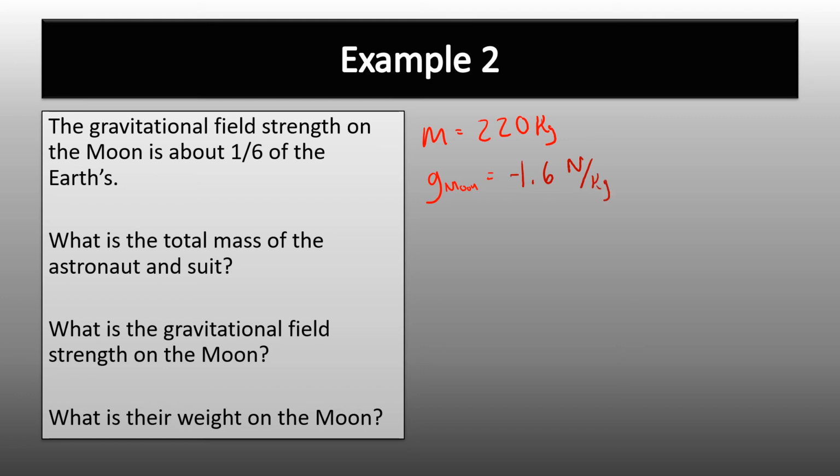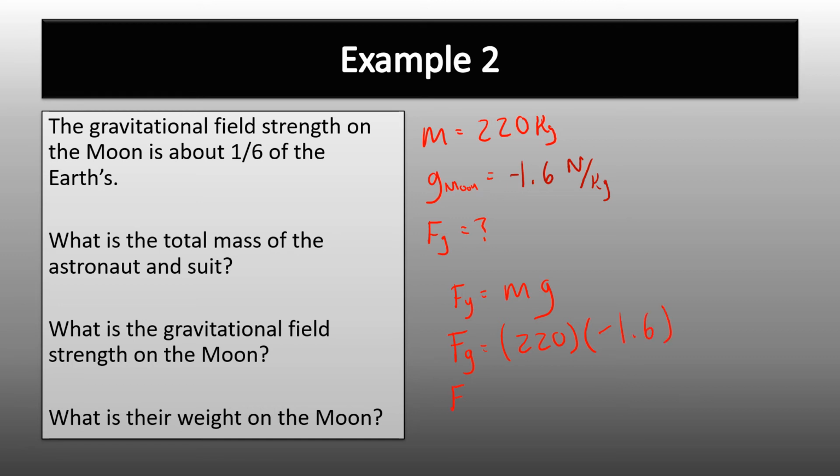Okay. Then it says, what is their weight on the moon? So look at that. Now we have enough information to use our equation. Fg is equal to mg. The weight on the moon is equal to, the mass stays the same, but there's a weaker gravitational field now, 1.6 newtons per kilogram.